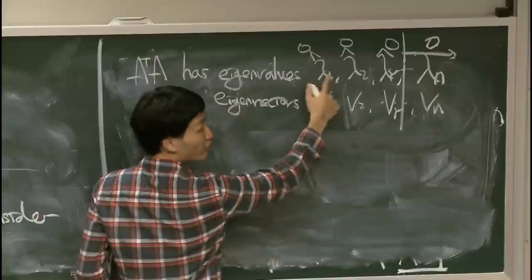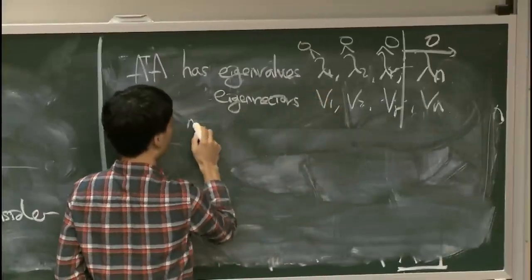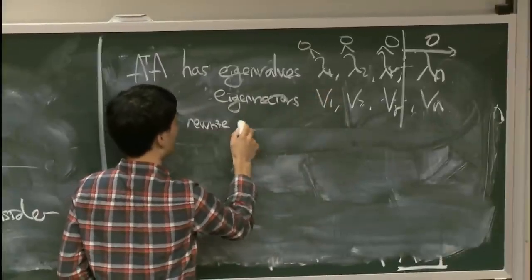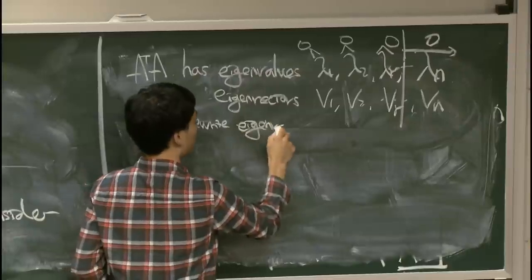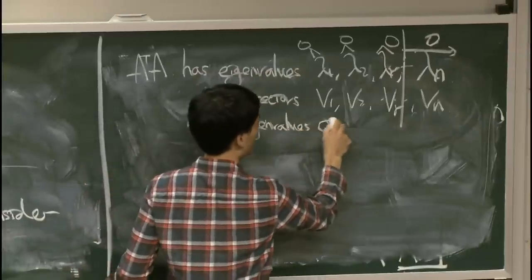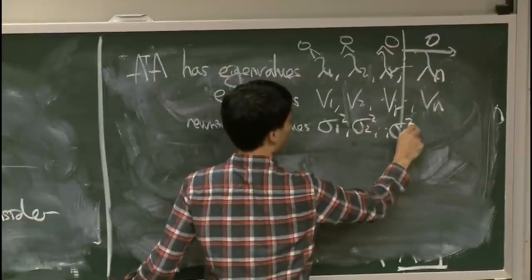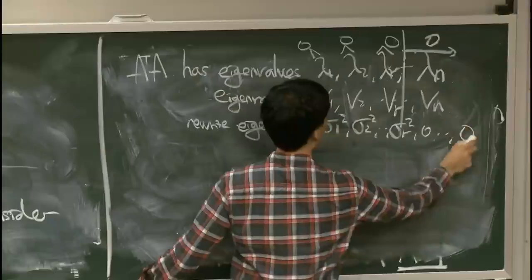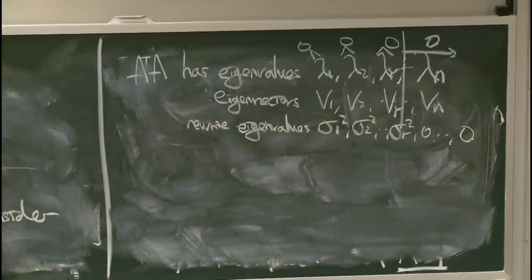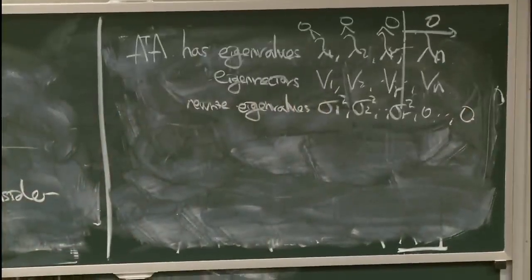Then if that's the case, we can rewrite the eigenvalues as sigma 1 square, sigma 2 square, to sigma r square, and 0. Okay. That was my first step.